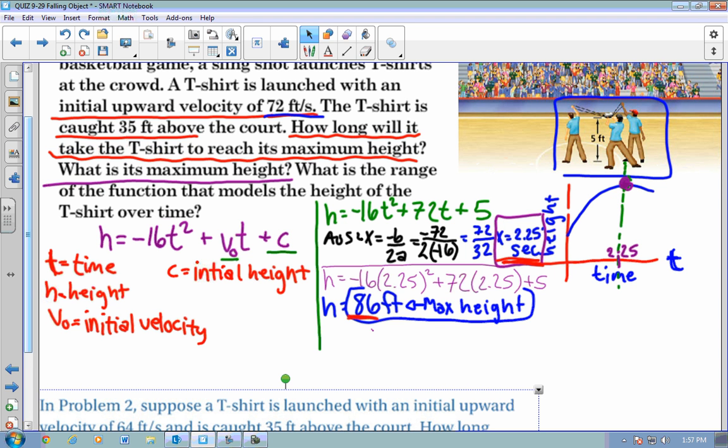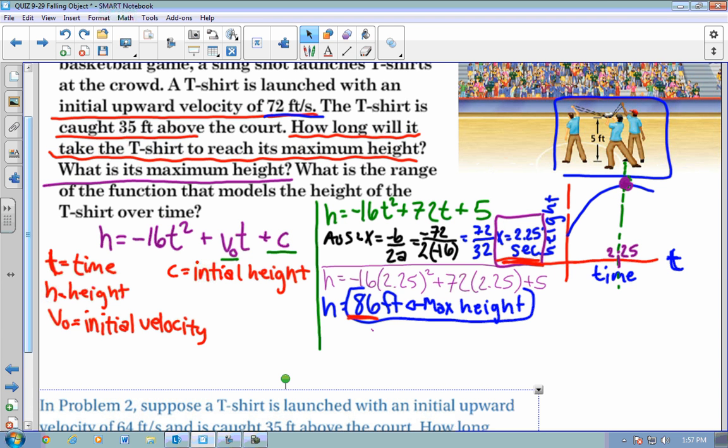Good, but you got it. What's the range? Let me see, guys. Now, this problem, the graph doesn't go down forever because it's a real life problem.